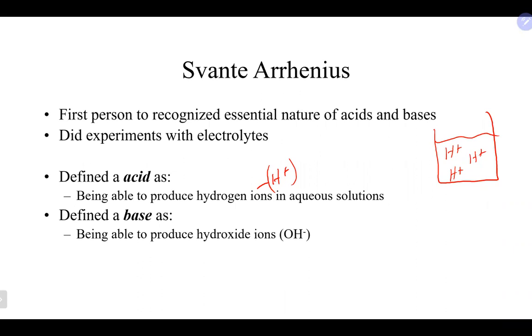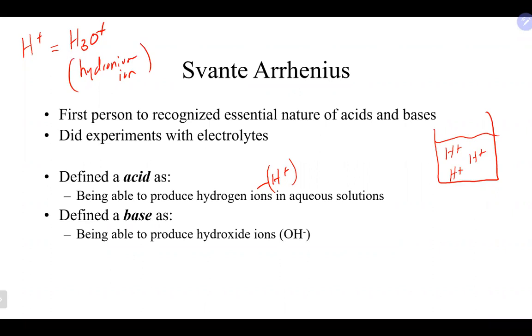Also really important in acid-base chemistry: when we look at H plus, it is what is referred to as the hydrogen ion. We also will see H3O plus used as well. And for all intents and purposes, H3O plus and H plus are essentially going to be the same. This is what is known as the hydronium ion.